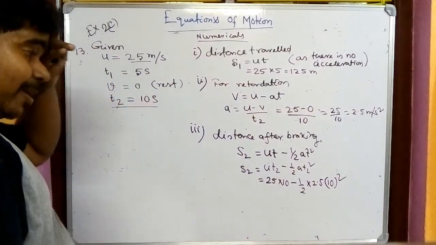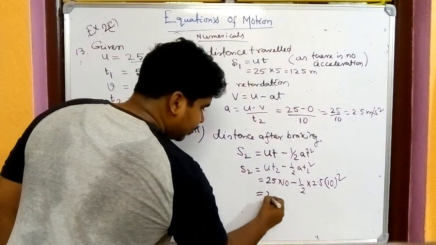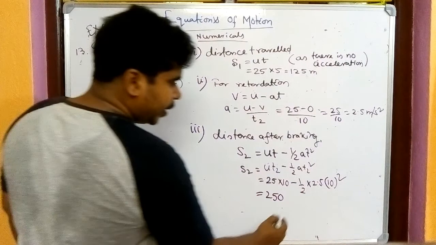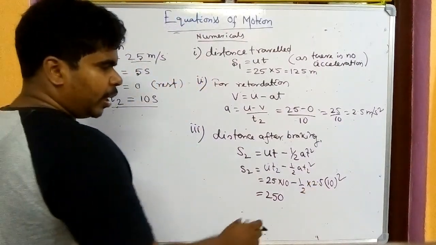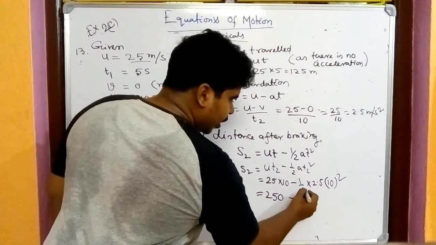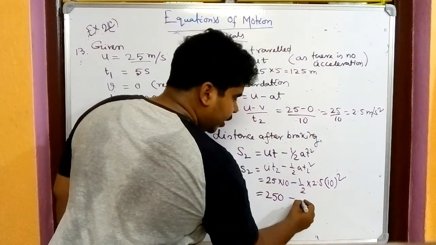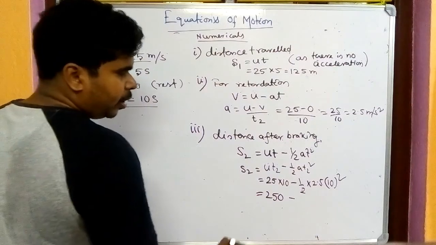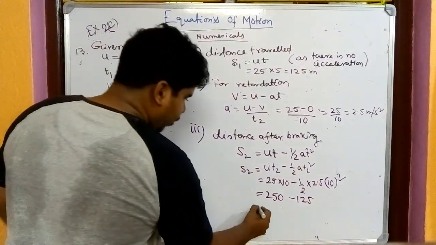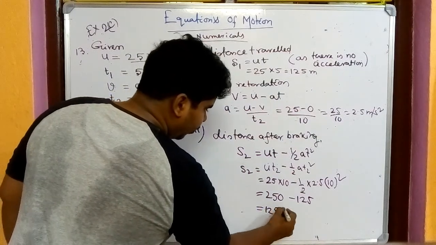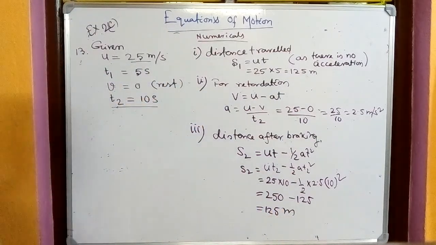If I calculate, it is 250 minus 2.5 into 50, so it is 125 meter. So after the brake also, the car will move by 125 meter before it stops.